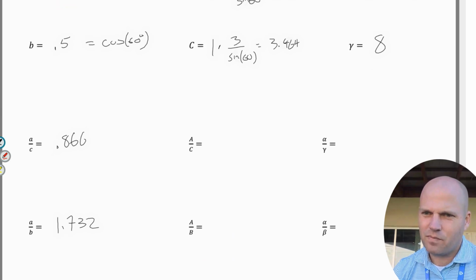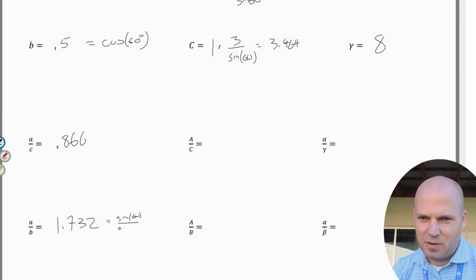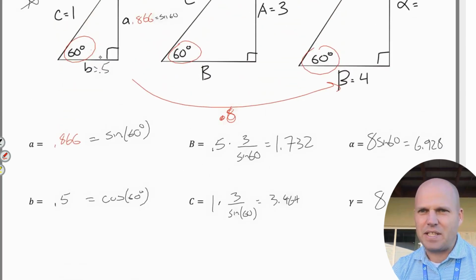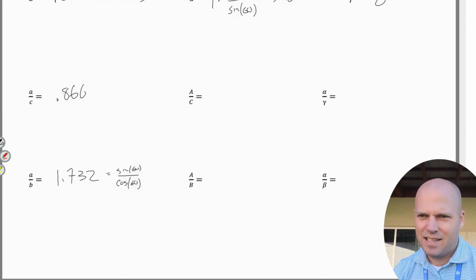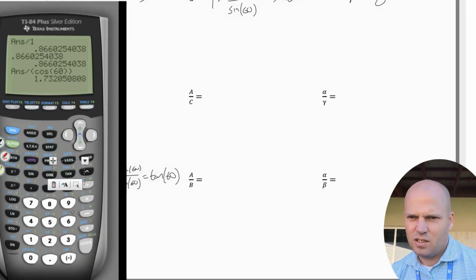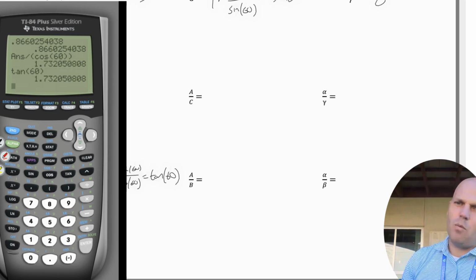Cool. A, we said, was the sine of 60, and B was the cosine of 60. Oh, wait. Isn't A over B the tangent of 60? Hold on a second. What's the tangent of 60? Oh, what?